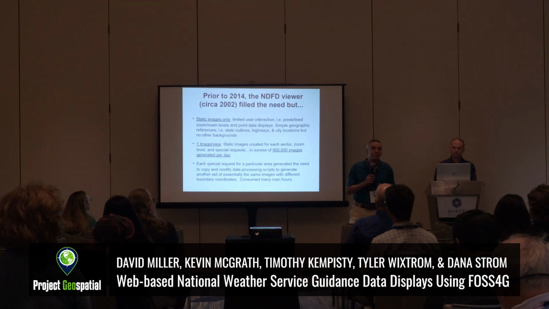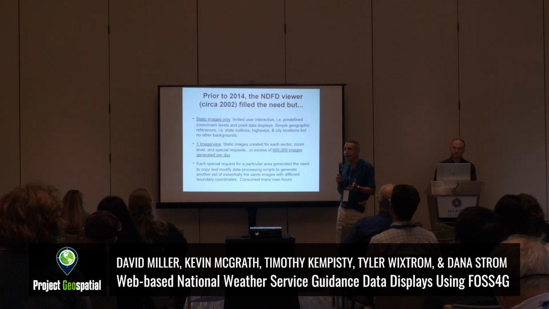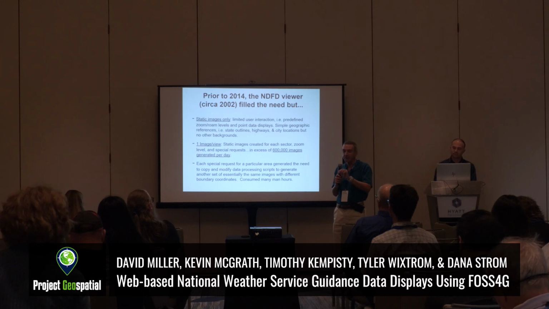Prior to 2014, circa 2002, the NDFD viewer filled a need, but it was only static images, so there was limited user interaction. You could have a little bit of zoom, maybe a little bit of roam, but it was all in different sectors with predetermined zoom levels and images.